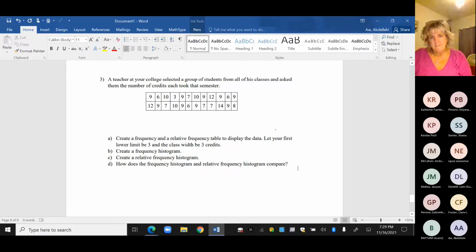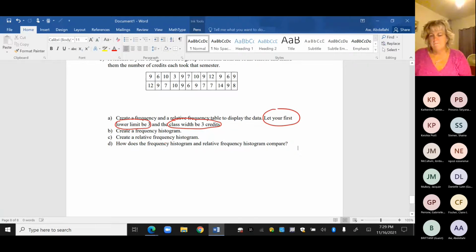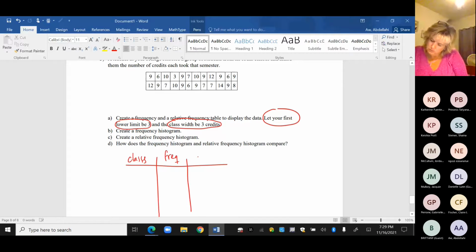Let your first lower limit be 3 and the class width be also 3. So basically you're going to do the classes here, and here's the frequency, and here's the relative frequency.